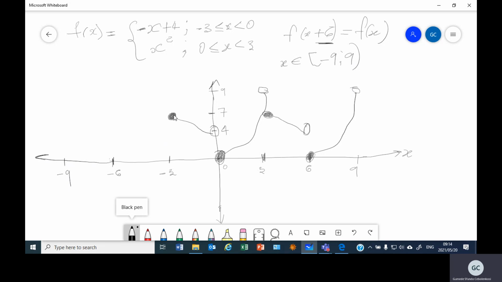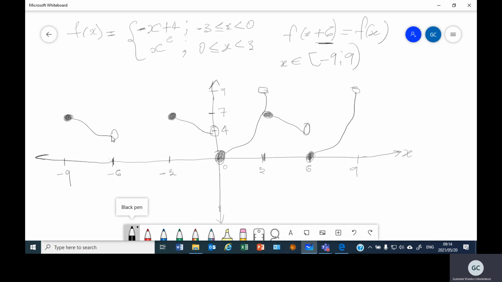This point was at -3, so move 6 units to the left. So -3, -6 should be the same point, still shaded. This point was at 0, so it's moving 6 units to the left. So it will be at -6.